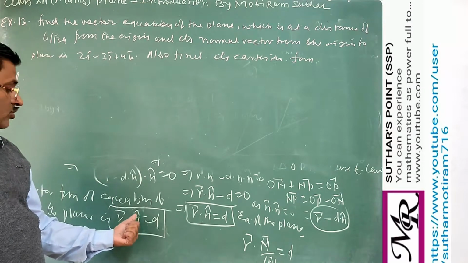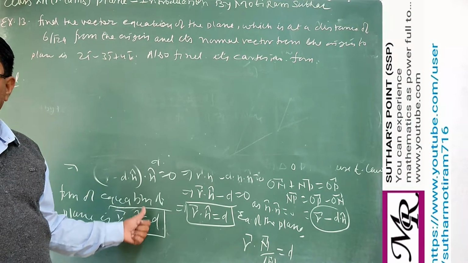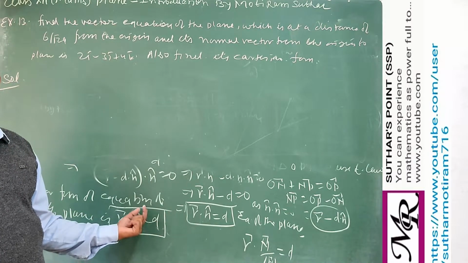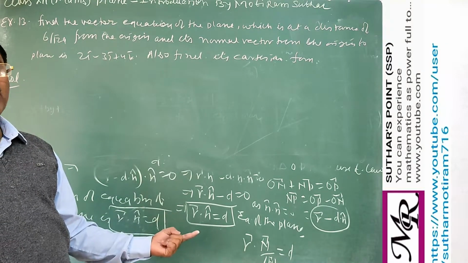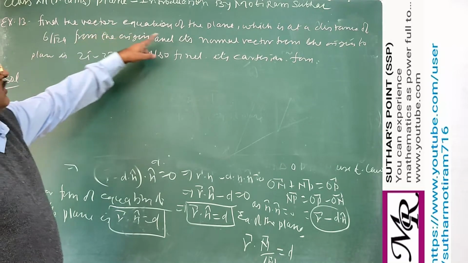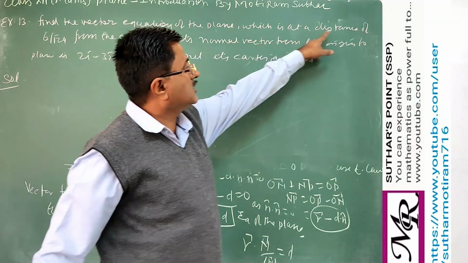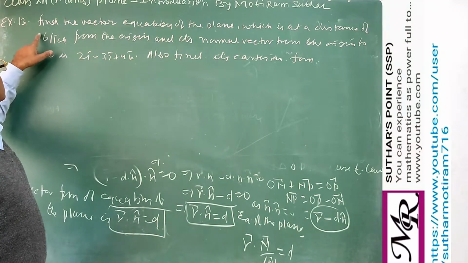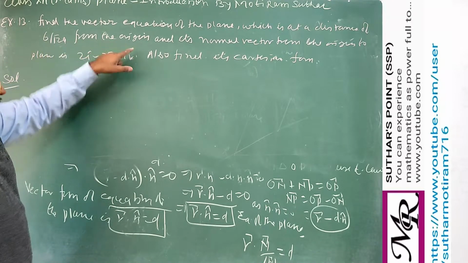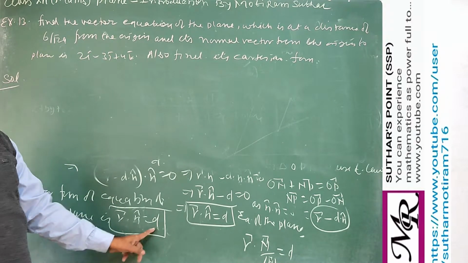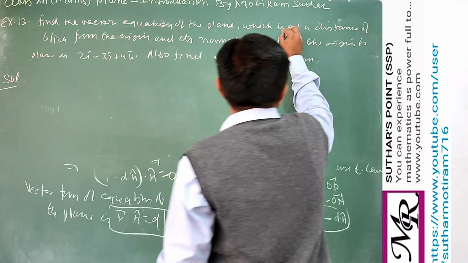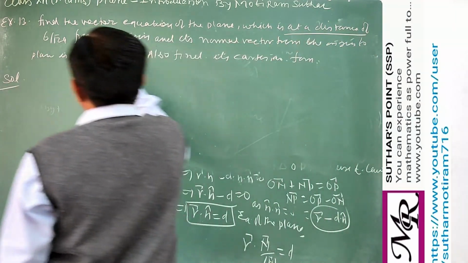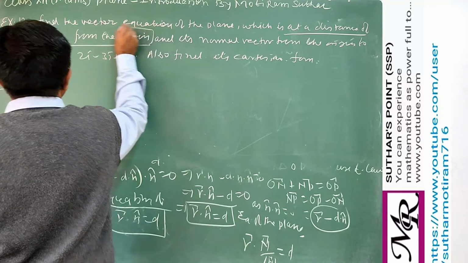That is the unit vector perpendicular to the plane, or you can say the unit normal vector to the plane. So it says a plane which is at a distance of 6 upon root 29 from the origin. What is D? D is the distance of the plane from the origin.